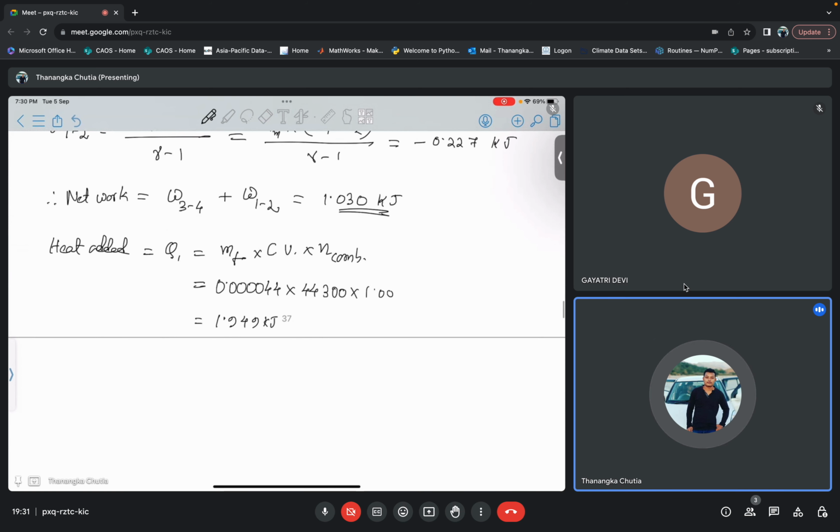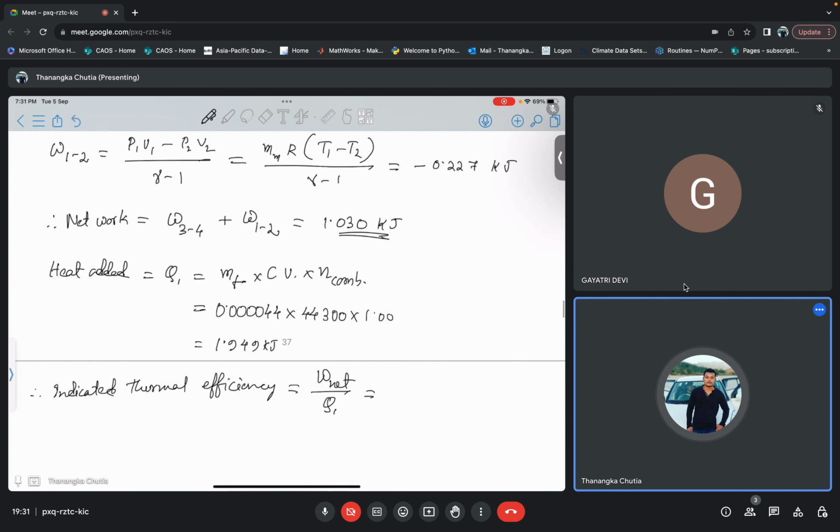Okay, so therefore the indicated thermal efficiency is equal to what? W net divided by Q1. What is W net? Just now we have got 1.030, and what is Q1? 1.949.